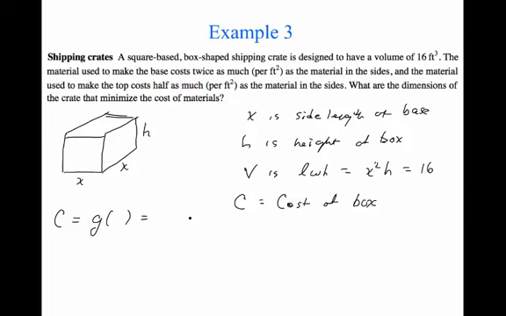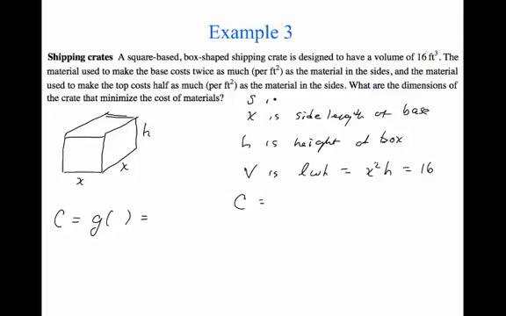So what we need to do first is we need something that gives us cost. We're not ready to write a cost function of one variable, so we do what we can. We write an equation for cost. Okay, so the cost depends on what side we're talking about. The base costs twice as much per foot squared as the sides. So there's another quantity here, something different.